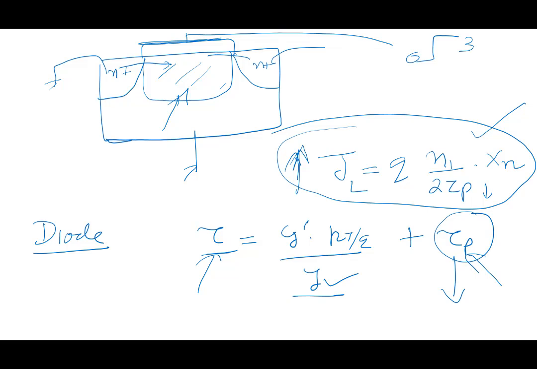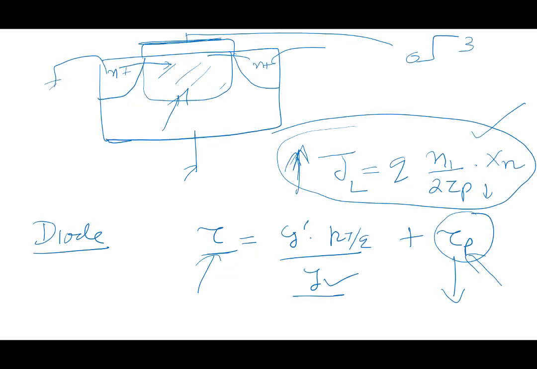Is there a way to avoid this? This is what I want to do next for you, a simple calculation that we'll do. What is the mechanism by which we can make the diode faster without looking at the recombination?